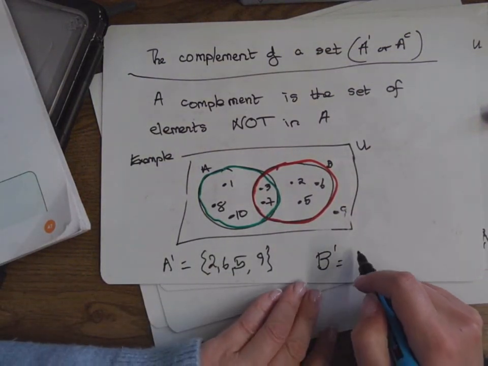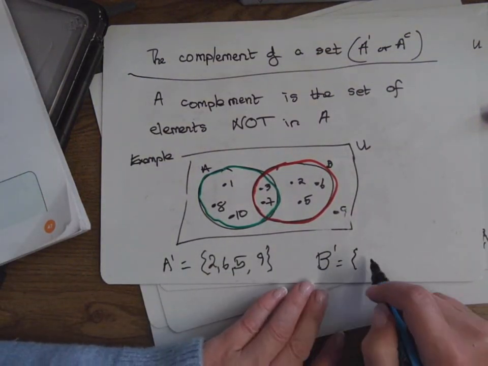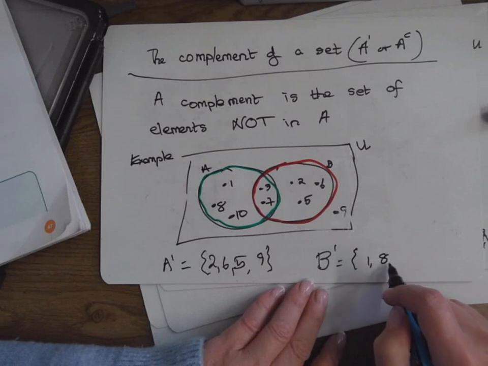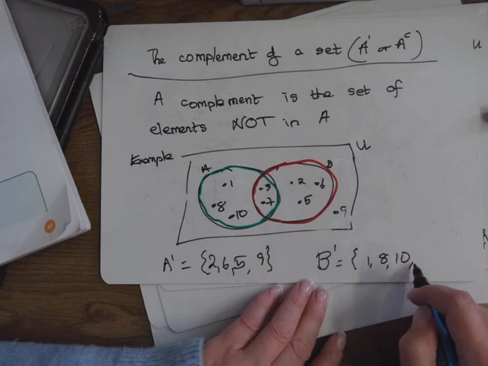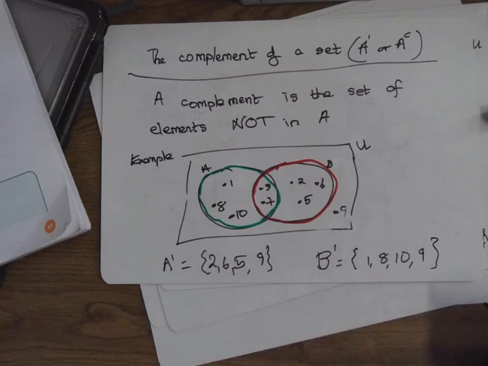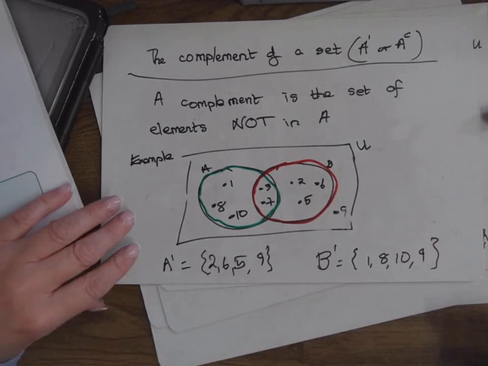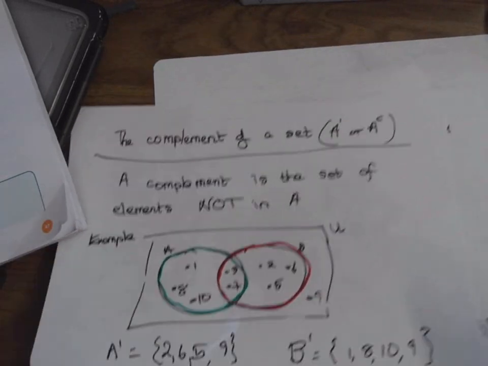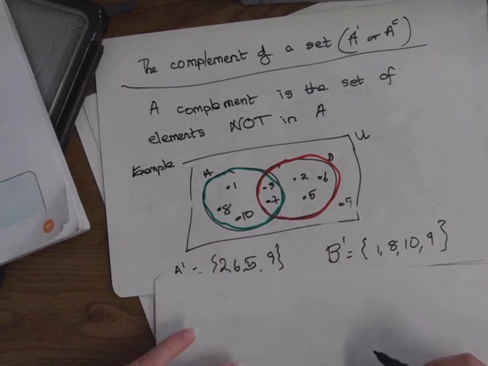So what's B complement? 1, 8, 10, and 9. And as you can see, any order, remember, in a set, order doesn't matter. As long as you have 1, 8, 10, and 9 in there, you can list them in any order.